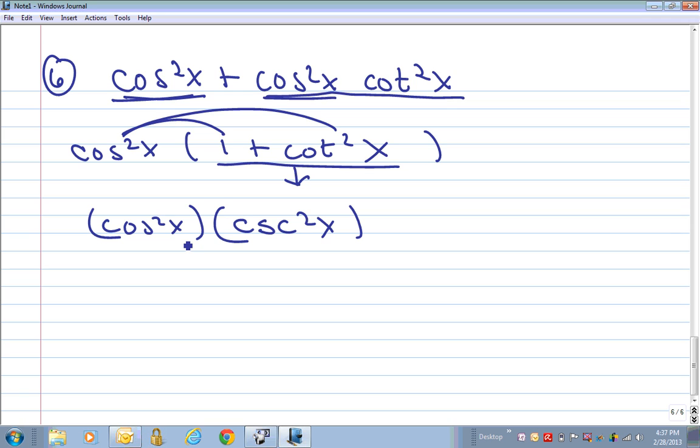Now when I have multiplication already, usually changing these to the Pythagorean identities is going to just make them more complicated. Usually at this point, when you get to multiplying two terms, you're going to use the reciprocal relationships. Not always, but most often. So let's take a look at what we've got. We've got cosecant. Cosecant could be written as 1 over sine.